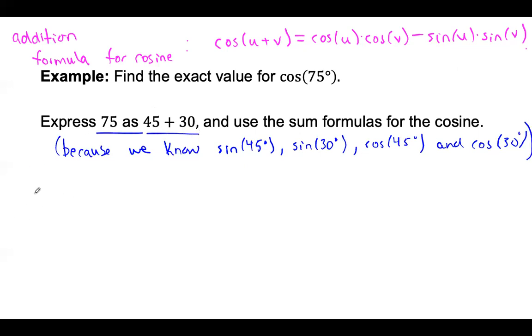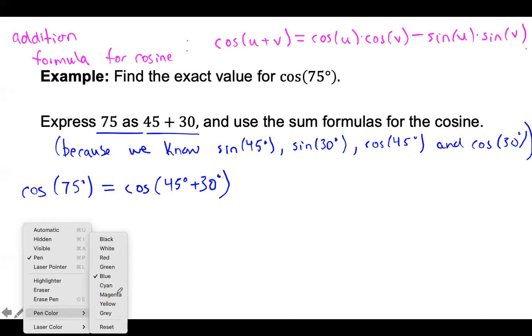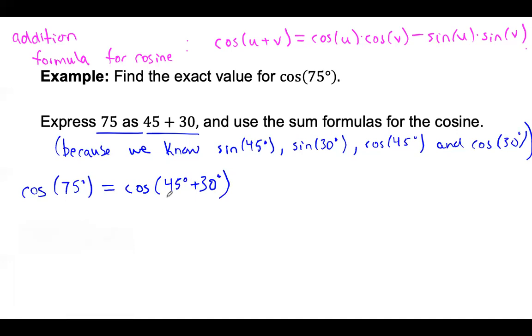So this means our cos of 75 is equal to cos of our 45 degrees plus our 30 degrees. Therefore, our 45 is going to be our u, and our 30 is going to be our v. Now we have it in a format where we can just apply the formula. It gets a little easier now.